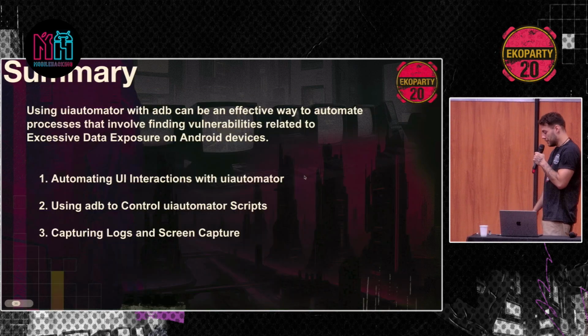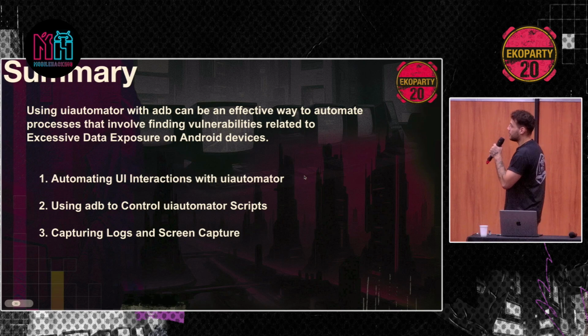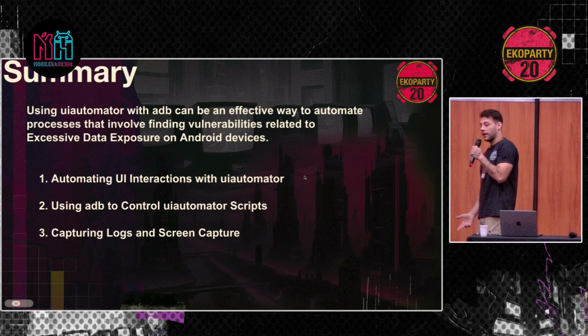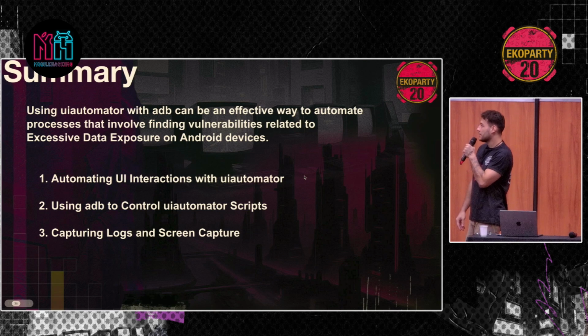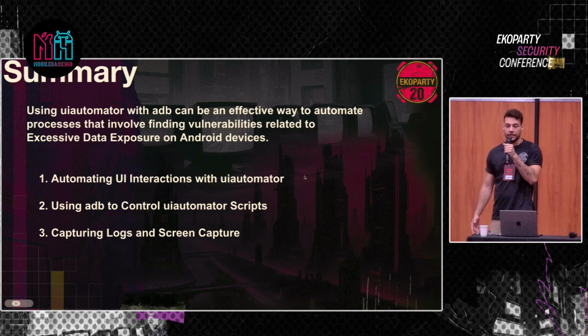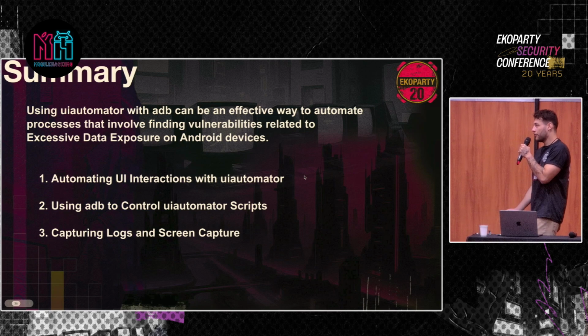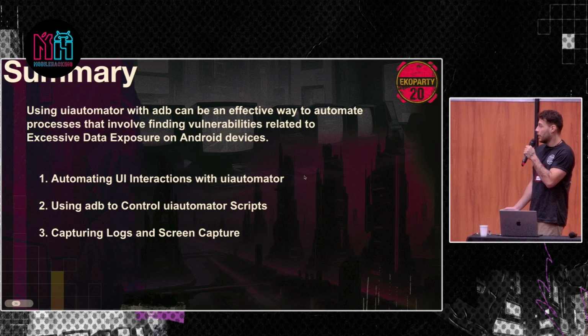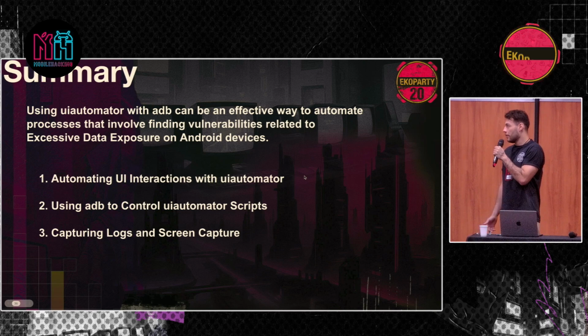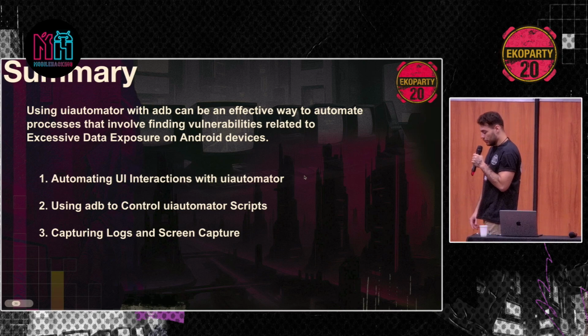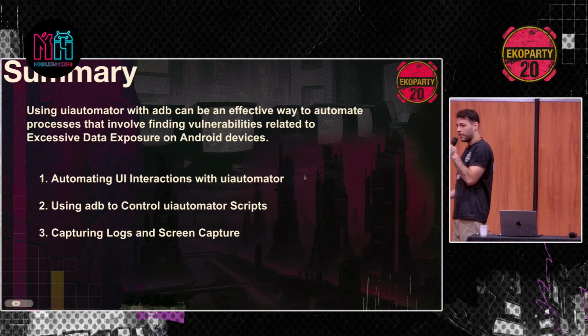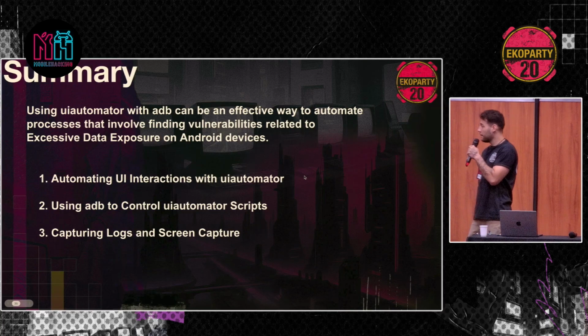Just to summarize, I showed you how UI Automator can be effective in finding vulnerabilities related to excessive data exposure. Also the power of UI Automator to interact with the screen, and how to use it with ADB to improve your exploits and your navigation through the application.